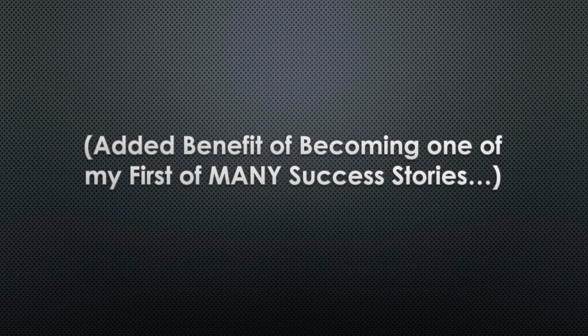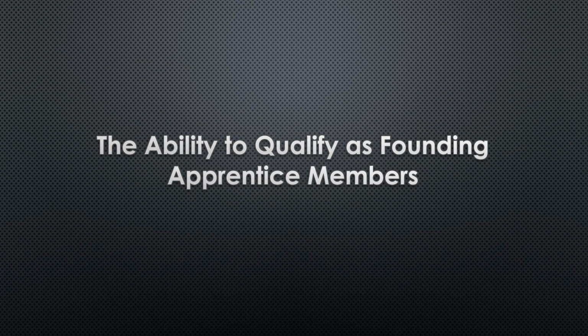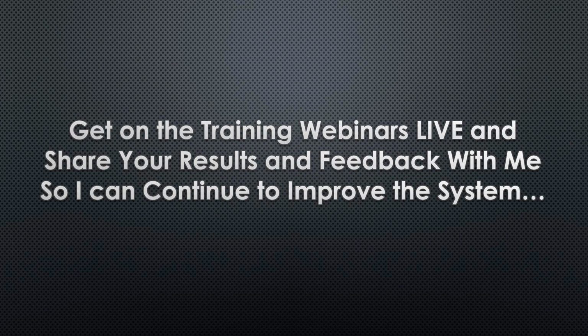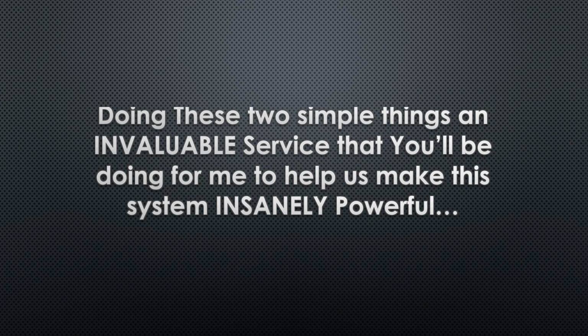And we've opened up the opportunity for anyone who is willing to help me beta test the system, which, by the way, gives you a number of added benefits of first mover advantage, being able to hit the market before this thing gets around too much, and becoming one of my many success stories. But you'll have the ability to qualify as a founding apprentice member. Simply beta test the system for me, report any bugs to my support staff, get on our live webinars and share your results, your feedback, etc., so that I can continue to improve the system.